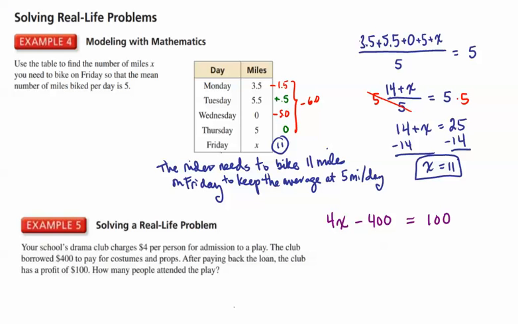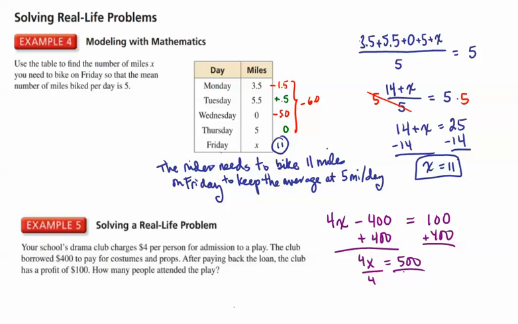It's a very typical, common type of word problem that we can solve using the strategies we've been talking about. So I'm going to start by adding 400 on both sides, and I have 4x is equal to 500.